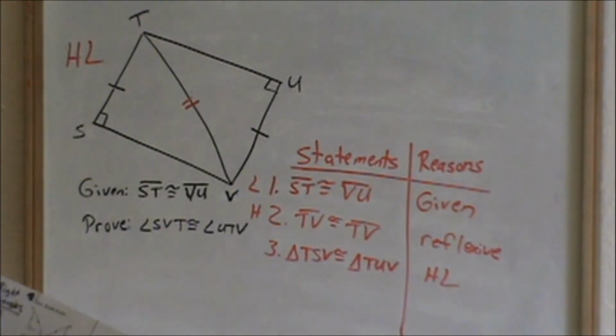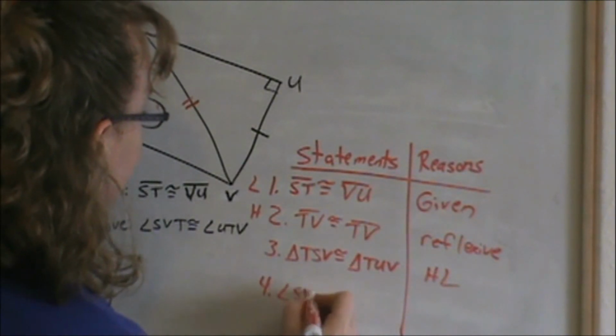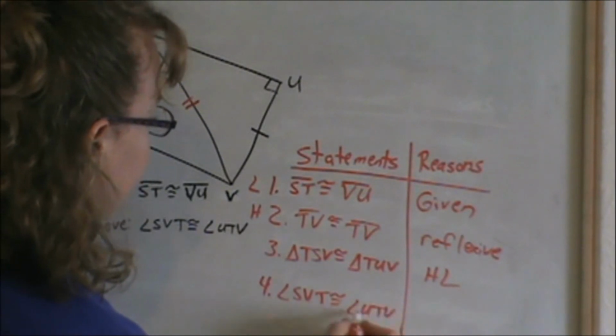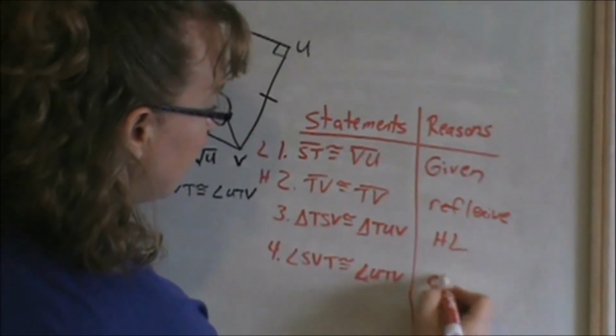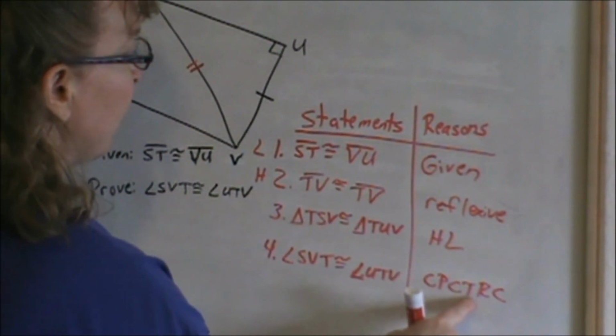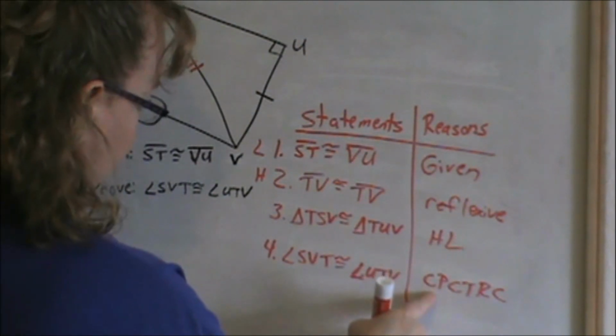But that was not our final goal. Our final goal was to actually prove that angle SVT was congruent to angle UTV. How do we know that? CPCTRC. Corresponding parts of congruent triangles are congruent. Once you prove the two triangles congruent, all of their parts are congruent.